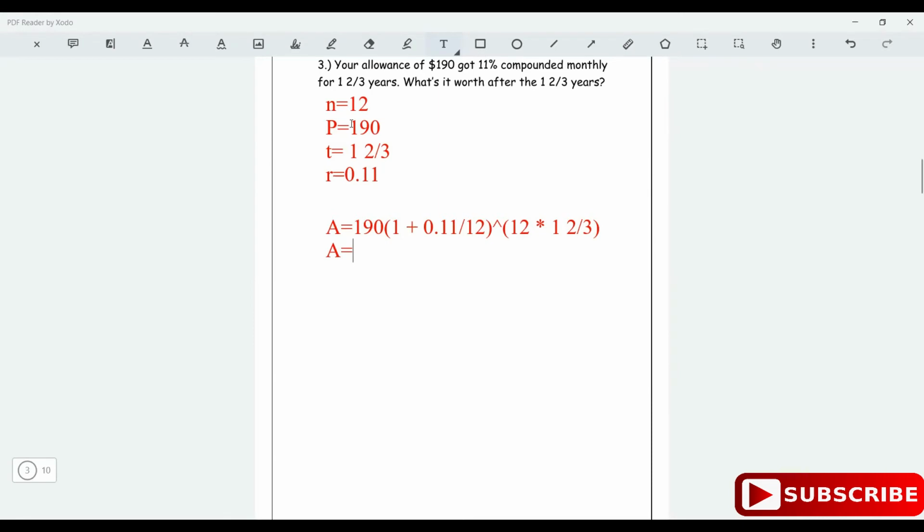All of this works out to be 228.04. And so your allowance is now worth $228.04 after 1 and 2/3 years. That's how much it is now worth.